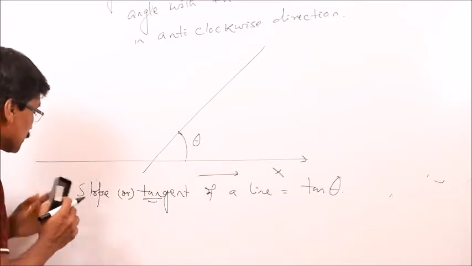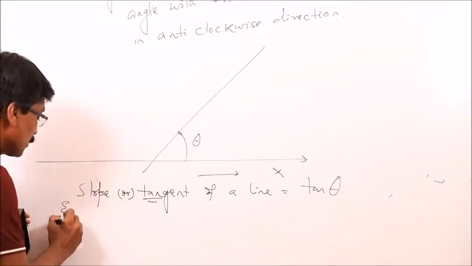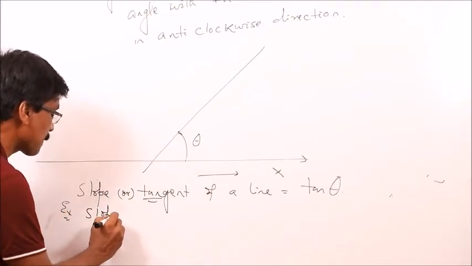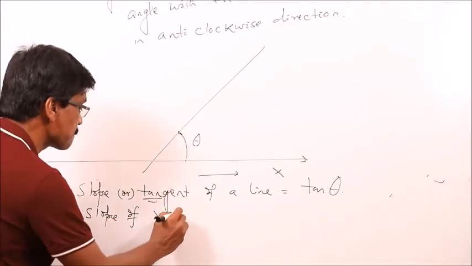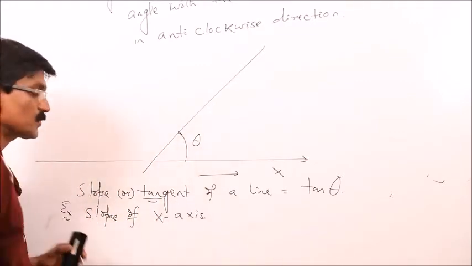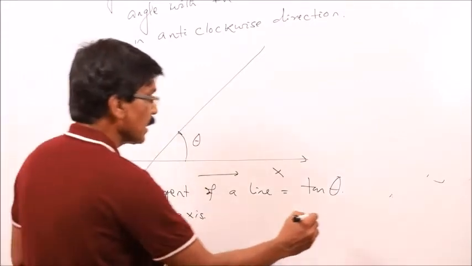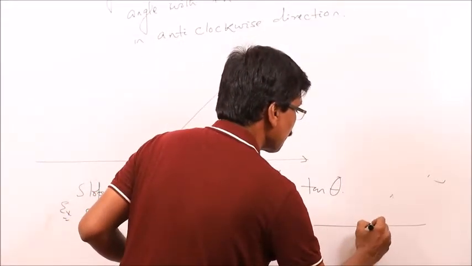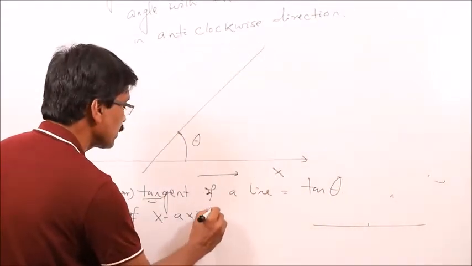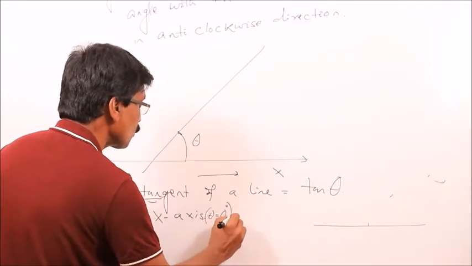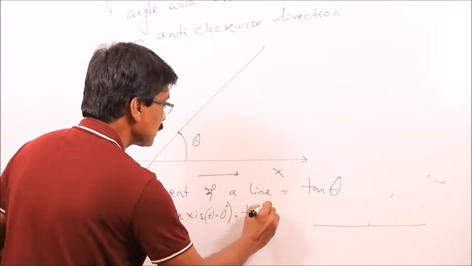So, for example, what is slope of x axis? For x axis, the angle x with itself is 0 degree. So, here theta is equal to 0. So, slope is equal to tan 0, that is equal to 0.